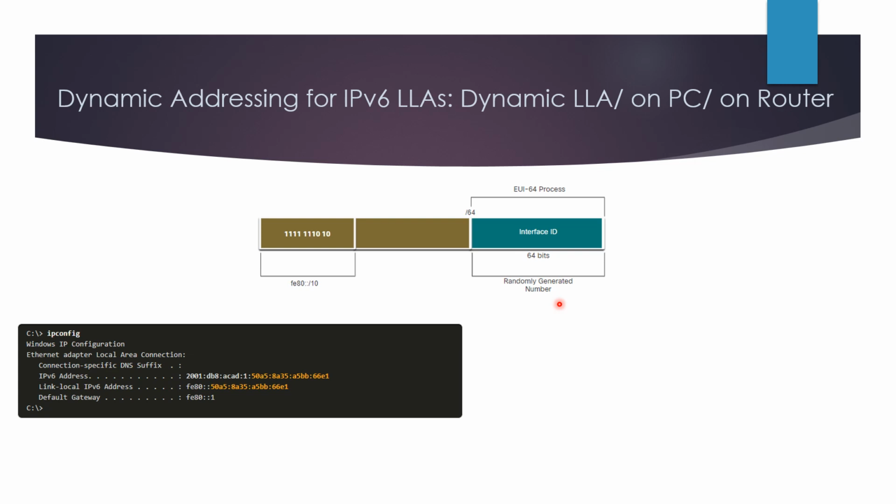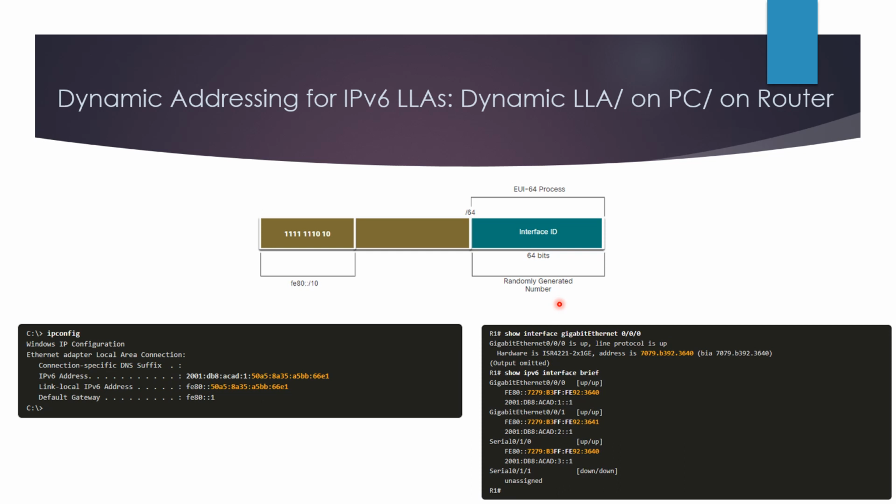The Cisco router automatically creates an IPv6 link local address whenever a global unicast address is assigned to the interface. By default, Cisco IOS routers use extended unique identifier 64 to generate the interface ID for all link local addresses on IPv6 interfaces. Here in the example, it displays the MAC address of a gigabit Ethernet interface of router 1.